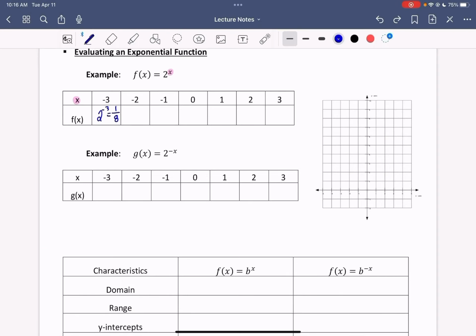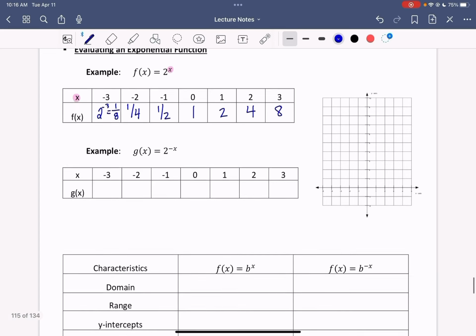Now let's fill in those values we just got from the calculator. So we had 1/4, 1/2, 1, 2, 4, and 8. So if I take these values and I come over here to my graph, I can plot those. So at x equals -3, we're at about 1/8.